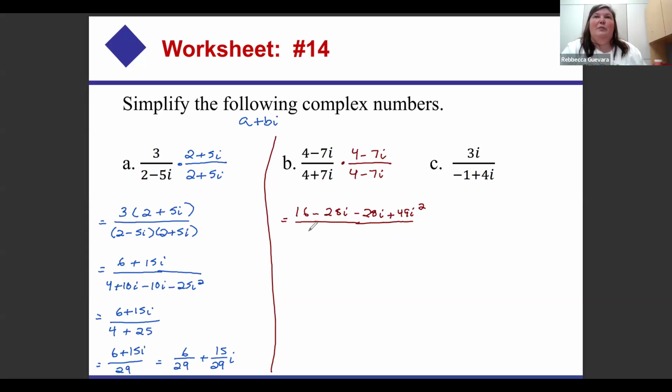And then the bottom would be 16 minus 28i, then plus 28i. And then that's going to be minus 49i squared. So there's a slight difference here. When we have this, they're not conjugates. We're going to get a duplicate of that middle term because remember it's a perfect square trinomial.